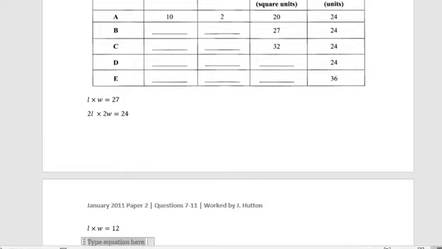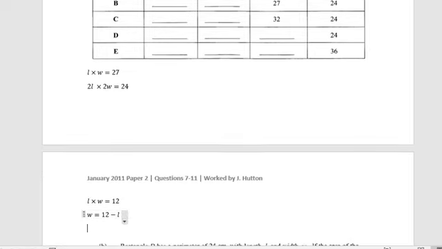So what I'll have is W is equal to 12 minus L, and it is this that I'm going to substitute into equation 1 of length multiplied by W, and for W we're now going to put 12 minus L is equal to 27. And it is this now that I'm going to use to solve.